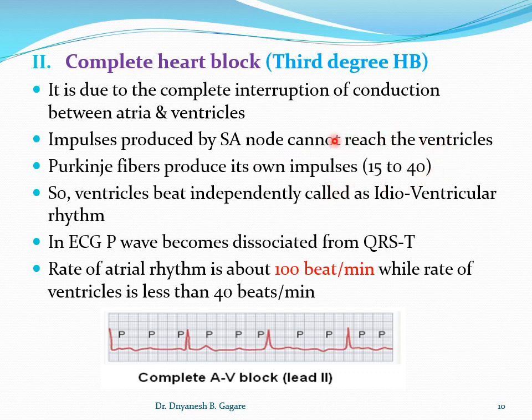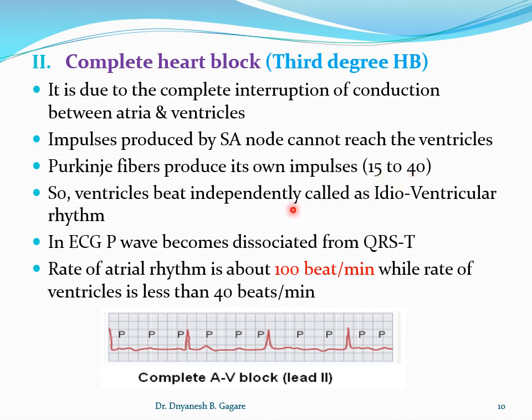And if there is a block between atria and ventricle, what will happen? The Purkinje fibers produce their own impulses. If the impulse is not coming from the atrial side, then the ventricle generates its own impulse. That is a function of Purkinje fiber. But the only thing is that the rate of generation of the impulse is very low, that is 15 to 40 beats per minute.